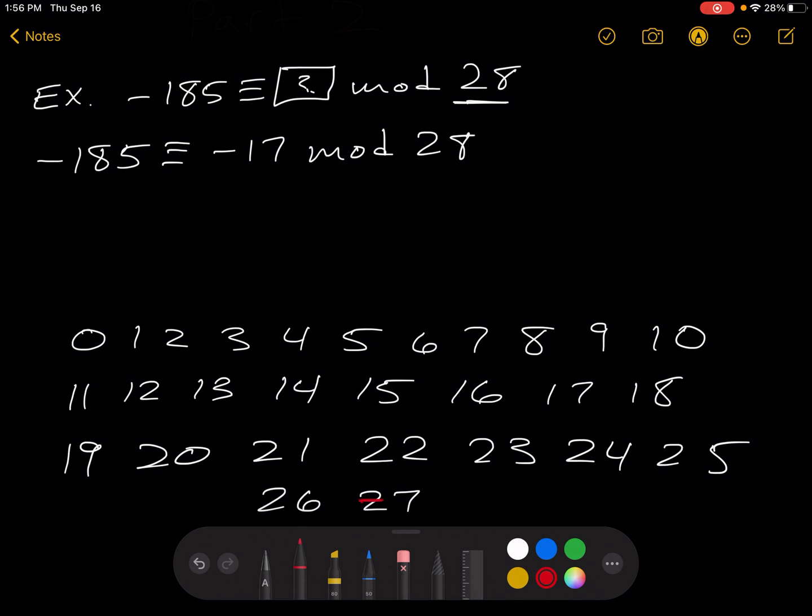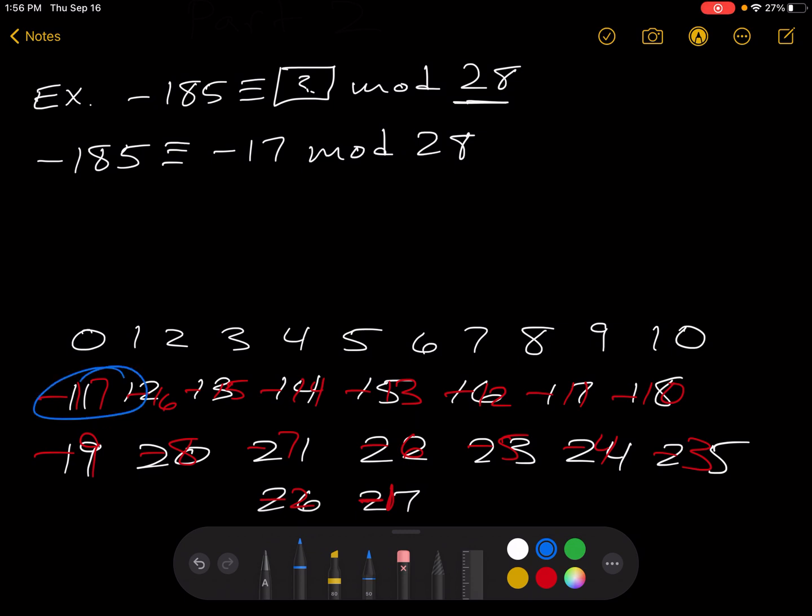So negative 1 is 27, negative 2, negative 3, and so on down to negative 17.